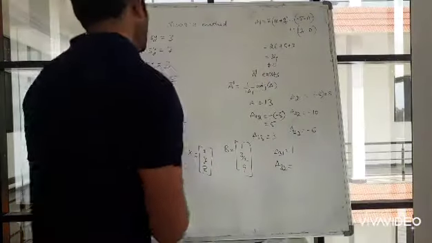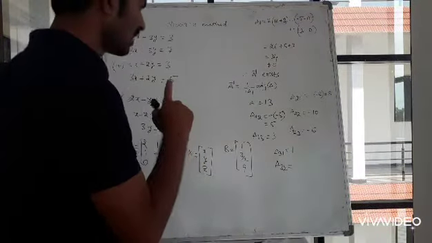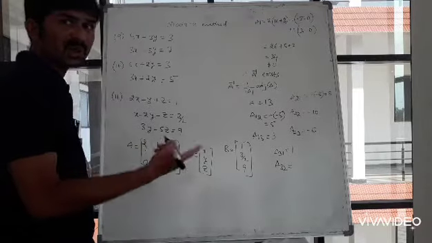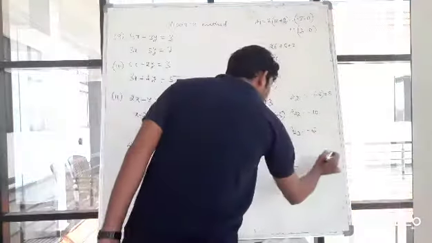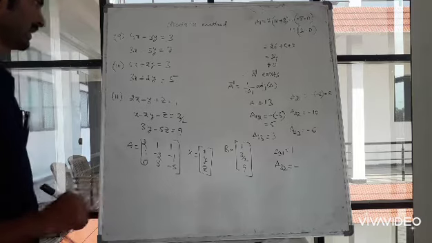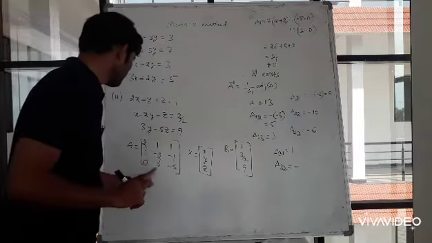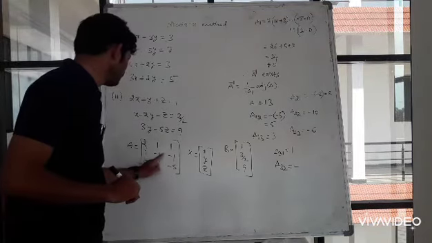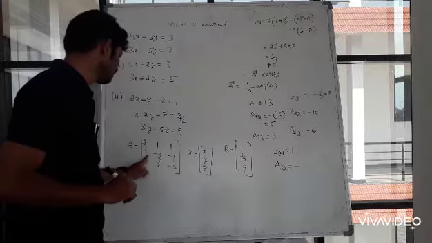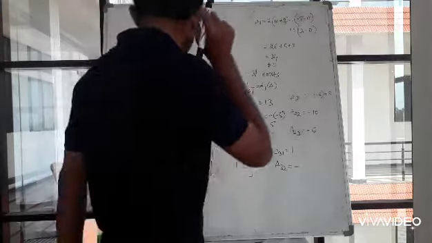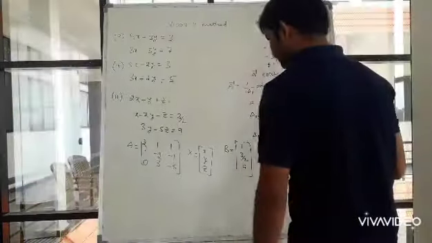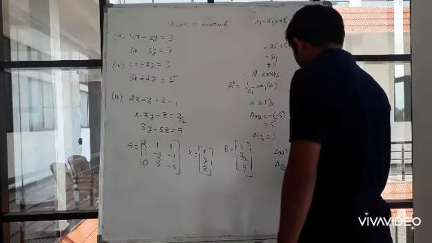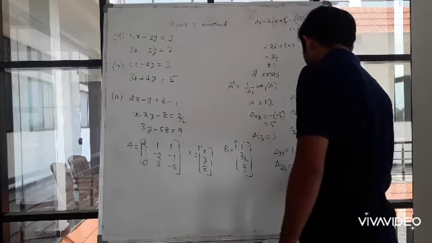Then next, A32. A32 is equal to 3 plus 2 is odd number. Minus 1 raised to odd means negative will come. So we write minus sign. Then leave this column and the row. 2 minus 1, minus 2 plus 1. Minus 2 plus 1 means minus 1.